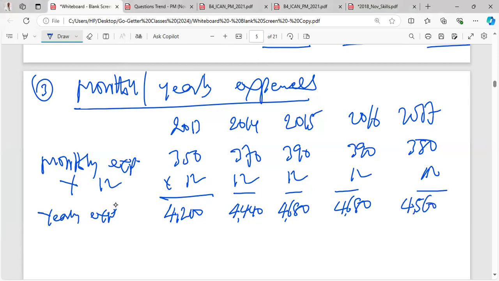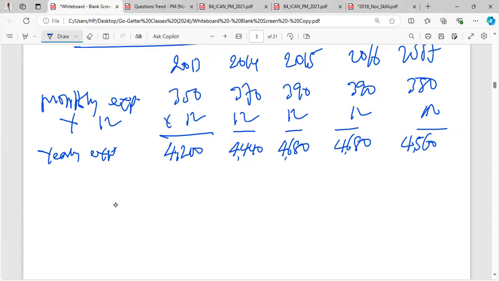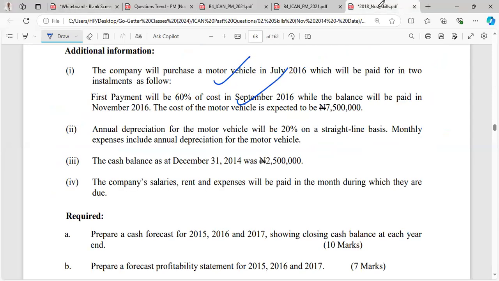Now, we are supposed to remove depreciation. And what are we told about depreciation? Depreciation will be 20% on straight line basis.